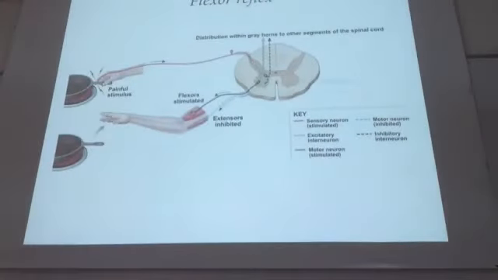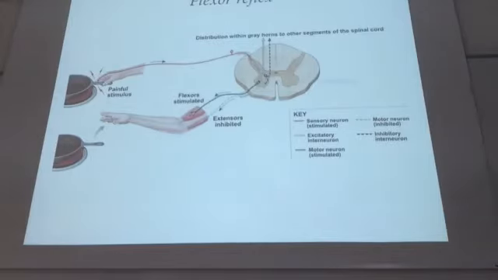This is like the basic reflex, but it's a bit more complicated. It's called a flexor reflex, and it's a double reflex. It's both excitatory to flex a muscle and inhibitory to the antagonist muscle.